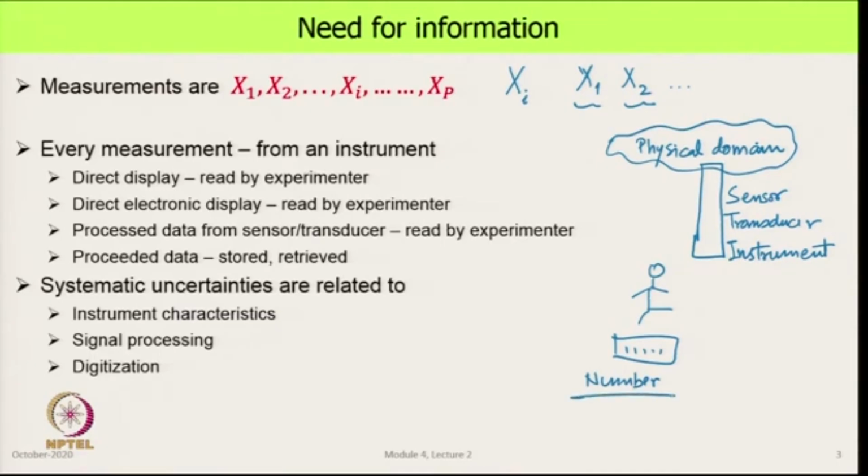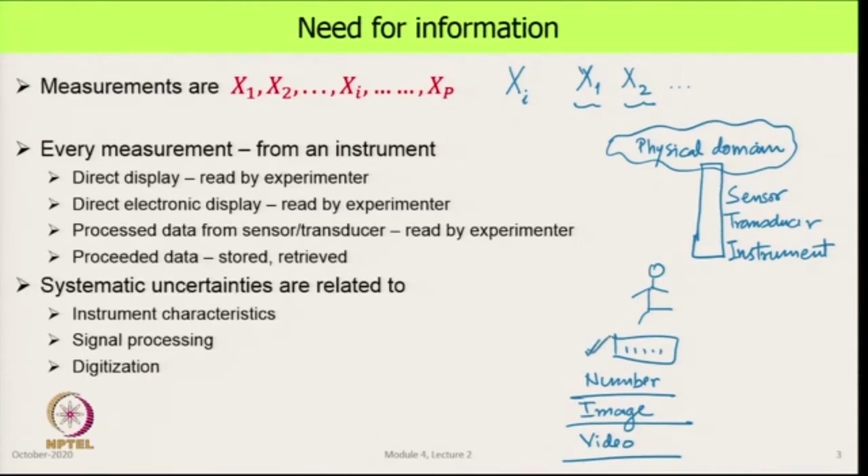It could also happen these days that instead of a number, we could also get a picture, which is an image, or we could also be studying it with a video, a visual range video, normal one, or maybe an infrared video. So, that is one way the data comes to us, and this is the data we need for uncertainty analysis.